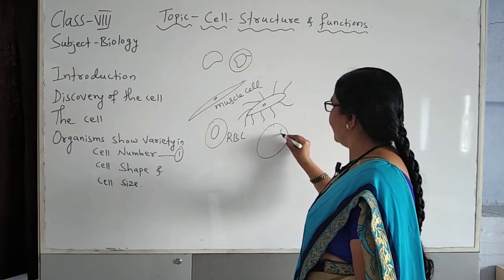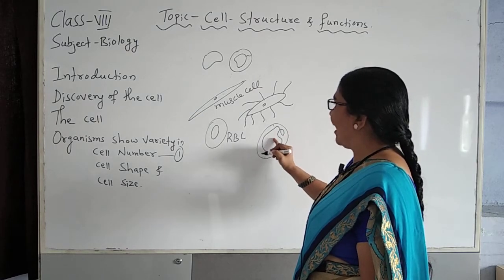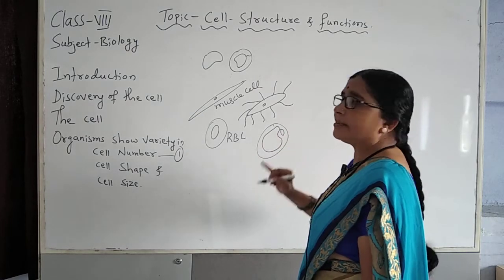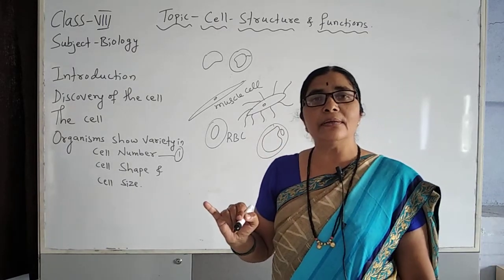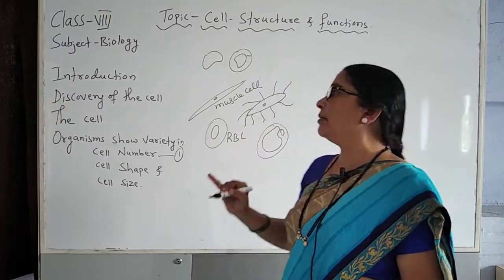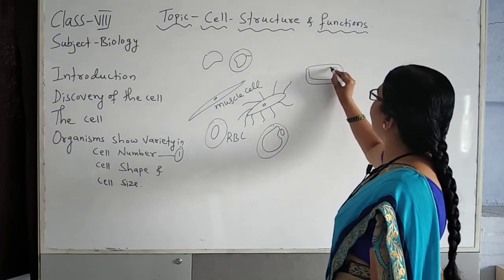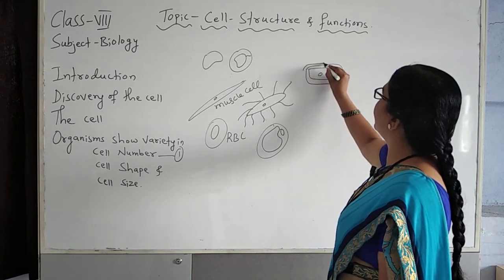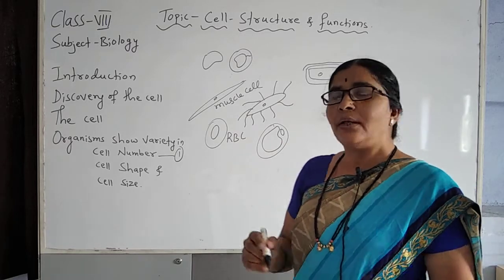Fat cell: the center part is totally filled with fat globules, with only a little cytoplasm. Next we have the epidermal cell of a plant, hexagonal in shape. Different shapes we have.